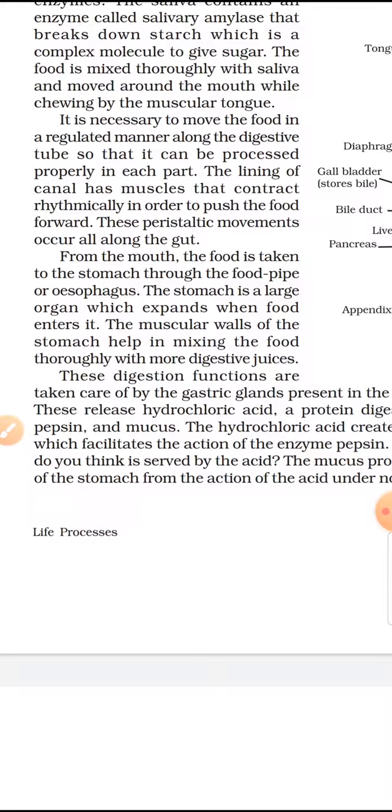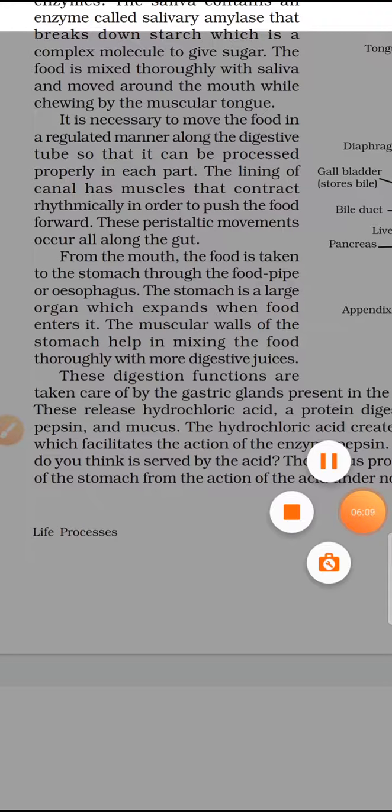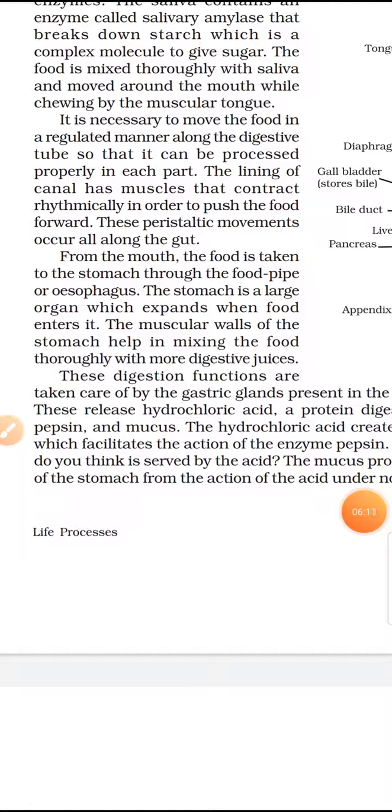Now move further. It is necessary to move the food in a regulated manner along the digestive tube. Okay, so we need to move whatever food has entered into the mouth. Now it has to be regulated. It has to move in a specific manner so that it can be processed properly in each part.